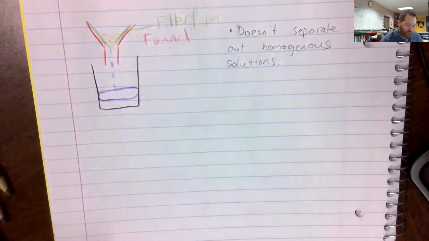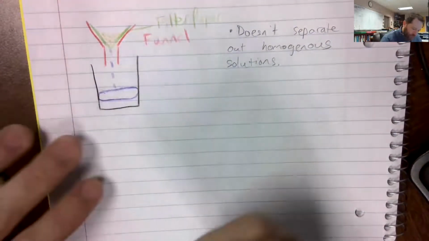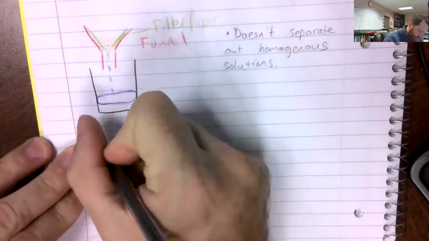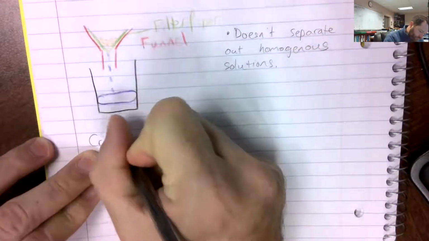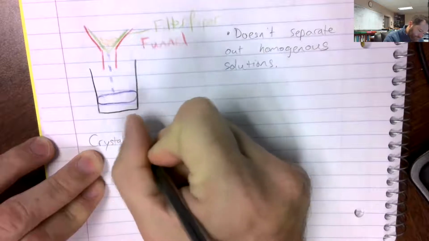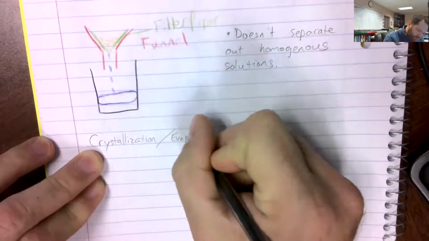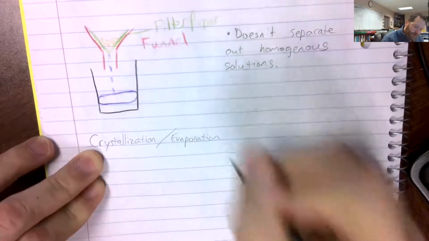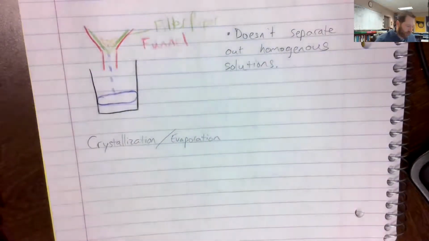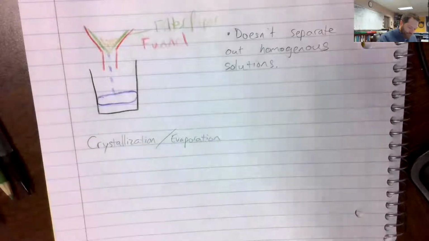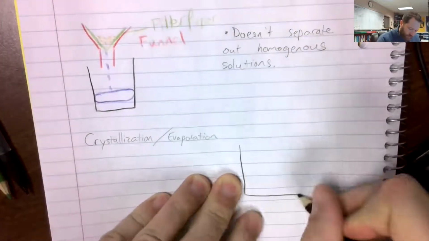All right, so that brings us to our next separation technique. Let's say we really wanted to get that salt out of that water. Well, a pretty simple one is crystallization or evaporation. And that's pretty simple.